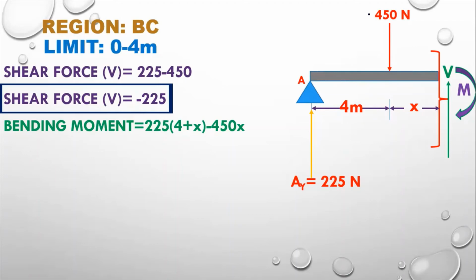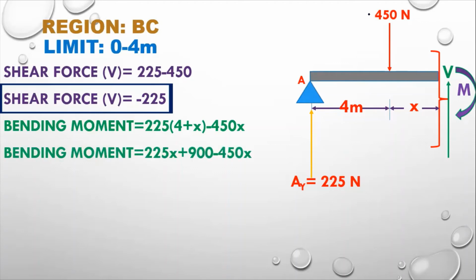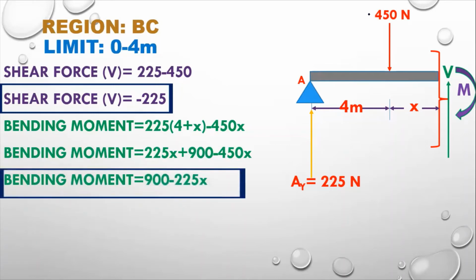Now we have to simplify this equation: 225 into 4 plus 225x minus 450x. After simplifying, 225x minus 450x, the value comes out to be 900 minus 225x. You can see this is the bending moment equation.